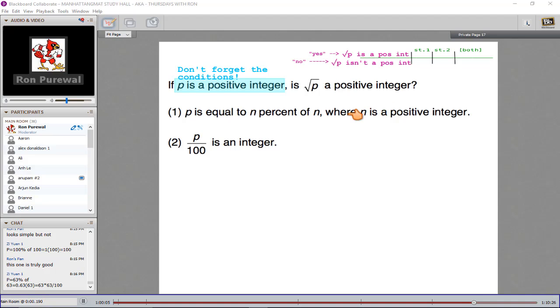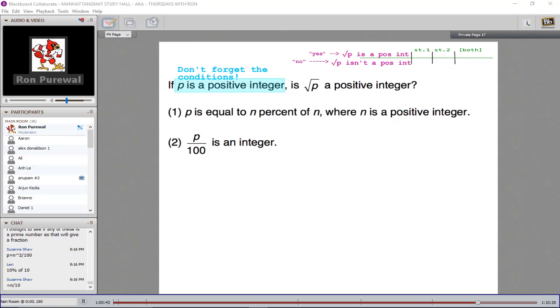This is probably not the kind of thing that you can test cases for because it's just not that easy to pick things that do this. Someone put in the chat box a case with 63%. 63% of 63 is not an integer, so you would have to reject that case. Remember the conditions. Conditions are a thing.